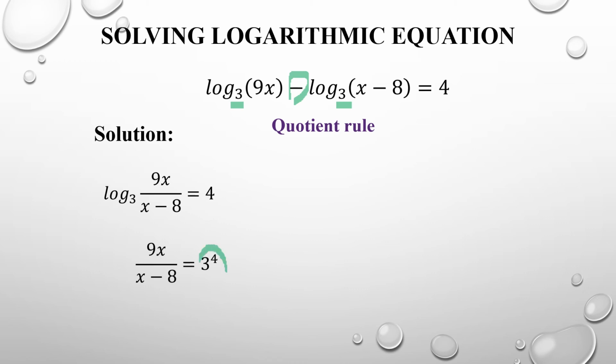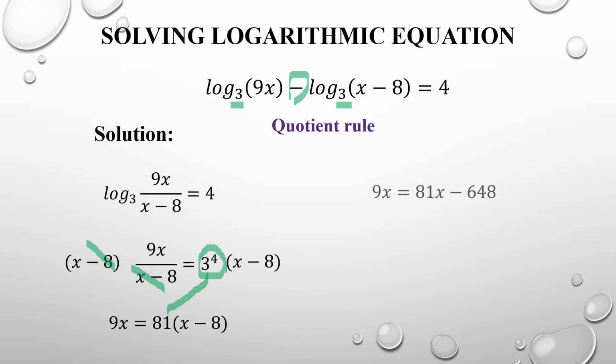So, simplify natin itong part na ito and multiply both sides by x minus 8. Then, ito ay makakancel. We have 9x is equal to 3 raised to 4, which is 81, times x minus 8. Then by distributive property, we have 9x is equal to 81x. Itong 81 times x.